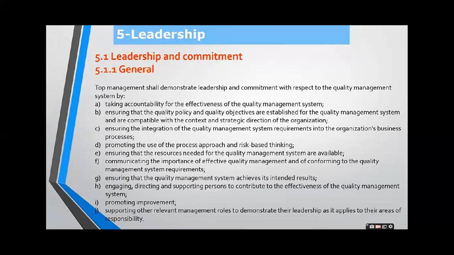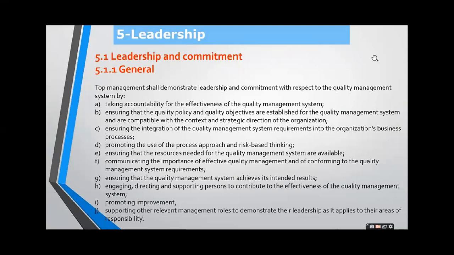You will engage and support the personnel. You will direct them, engage them, and support them to contribute to the quality management system. You will promote improvement. You will actively promote continuous improvement within the organization, and you will assist any relevant management roles in demonstrating their leadership within their areas of responsibility.